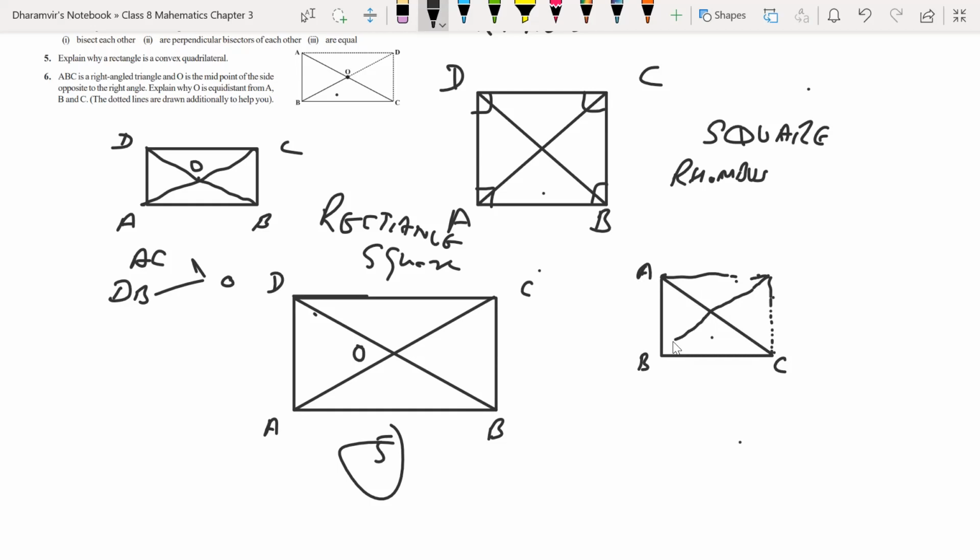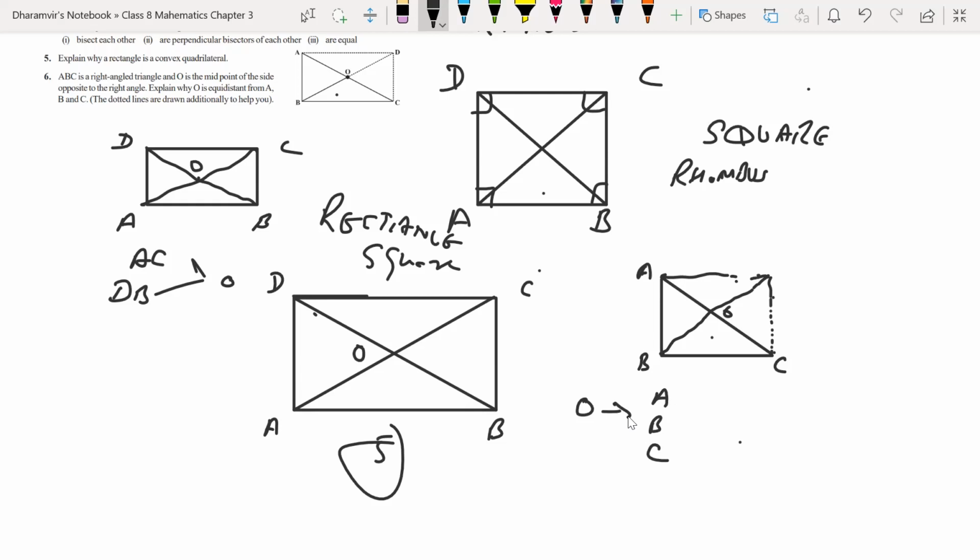This is the diagonal, the point of intersection O. What you have to prove is that O is equidistant from A, B, and C. It must have equal distance.